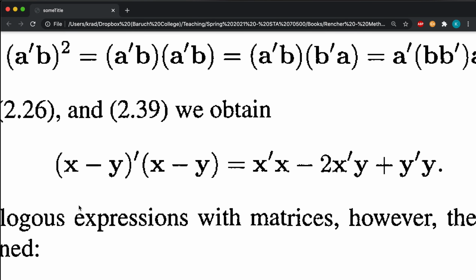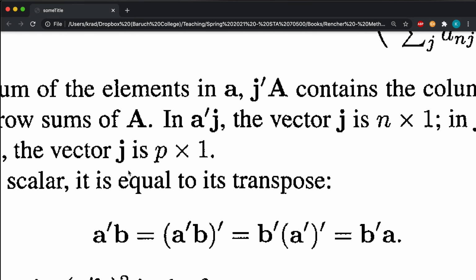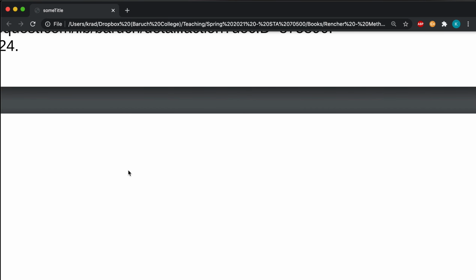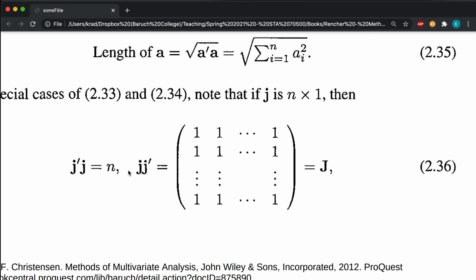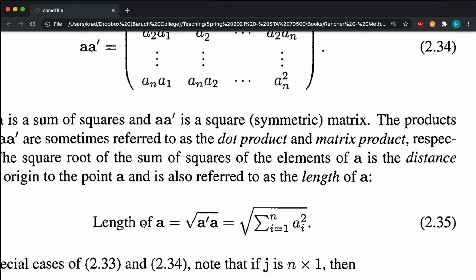Another useful identity is this. X minus Y transpose X minus Y. What is this? Recall that the length of A is the square root of A transpose A. So whenever you see a vector transpose itself, you should think about length.